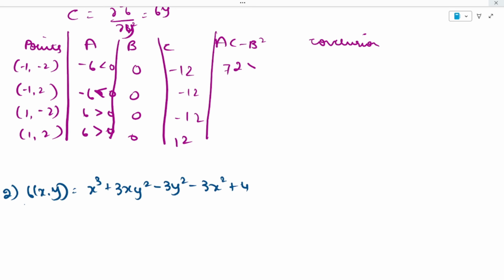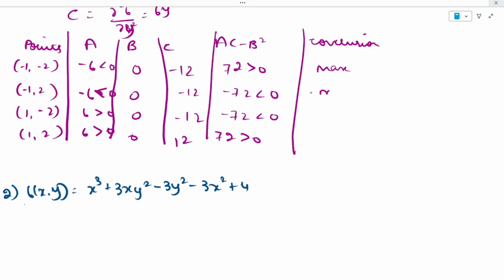That is 72, greater than 0, minus 72 less than 0, minus 72 less than 0, and here it will be 72, greater than 0. Now it is found that this is maxima, this is saddle, here it is also saddle, and here it is again minima.